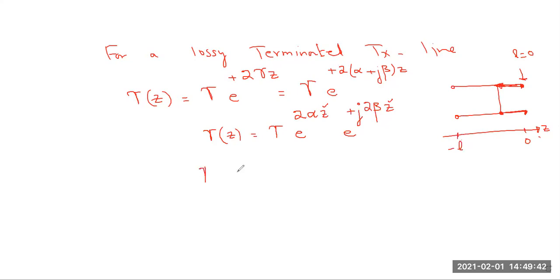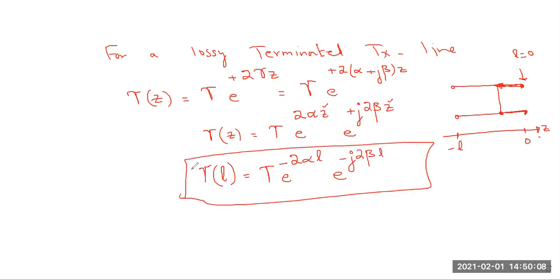So if I represent this propagation constant as a function of L, then you can write this as e to the power minus 2 alpha L times e to the power minus j 2 beta L. So now we have represented the propagation constant in terms of the length of the transmission line.